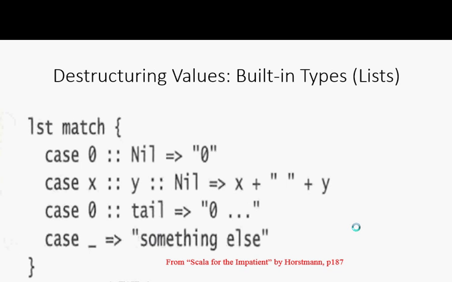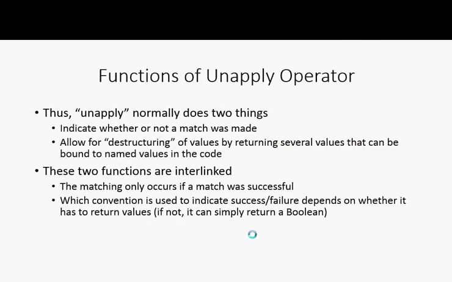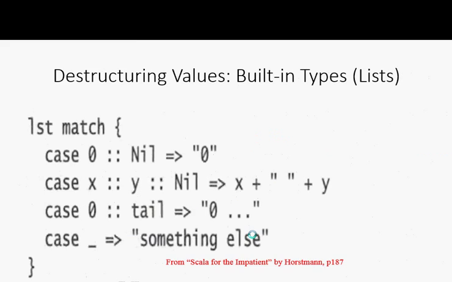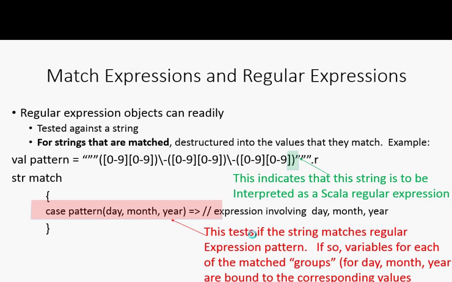If we go back to this with regular expressions, I thought I had a nice other case of a regular expression base. Yes, here we go. We have this regular expression. We match the string, and it extracts the pieces.